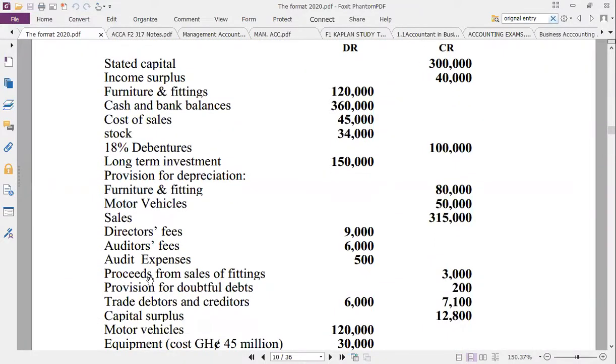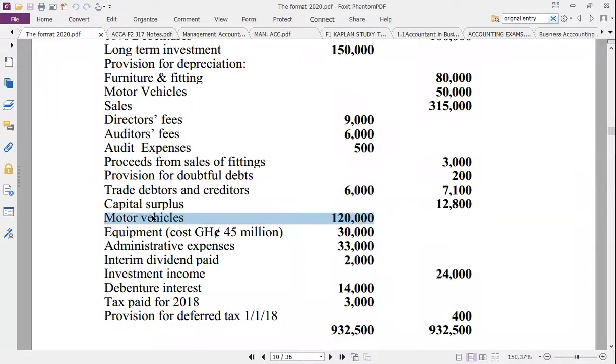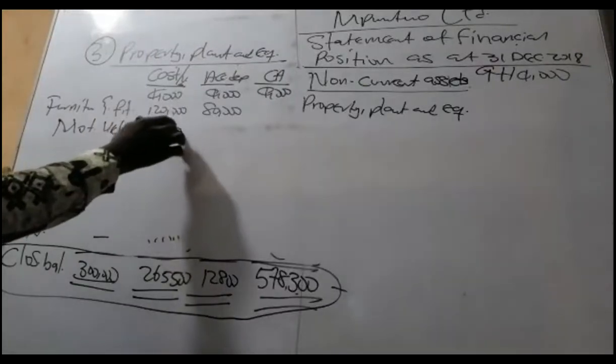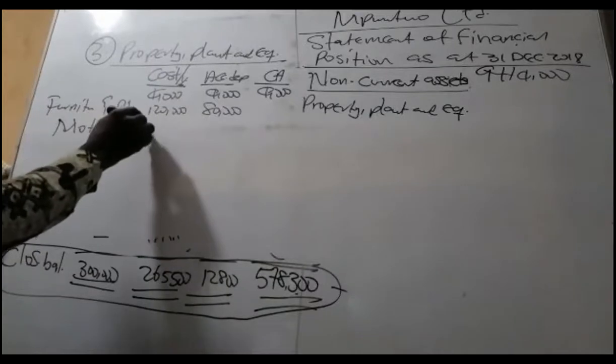But for motor vehicle, look at where the cost is. Motor vehicle, this is the cost. It's also 120. And then accumulated depreciation is 50,000. So motor vehicle is still 120,000, and then 50,000.